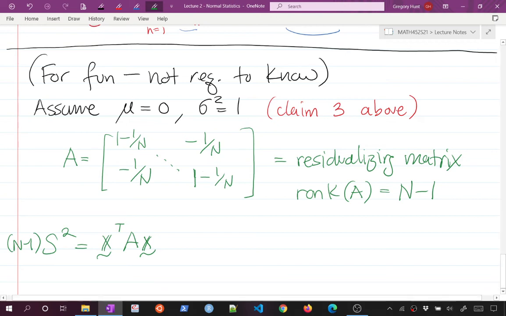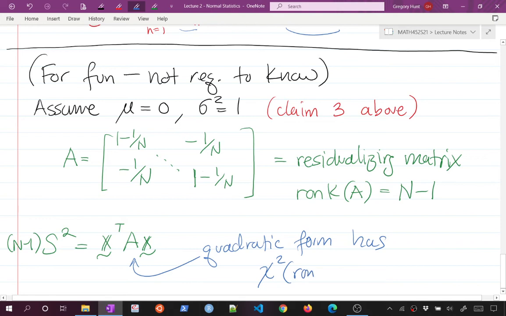And it turns out that this kind of quadratic form has a chi-squared distribution if my x's are normal.